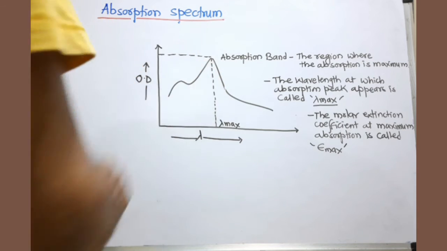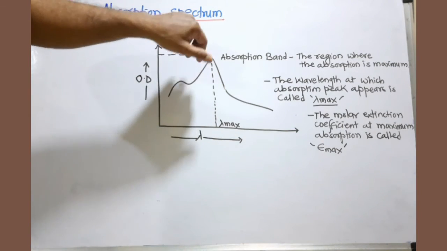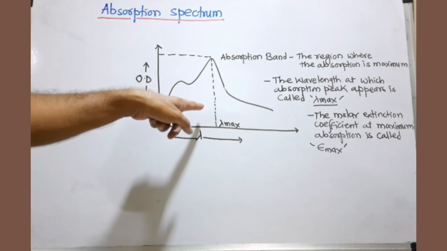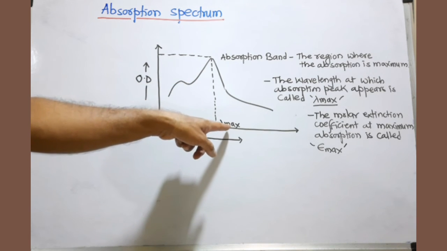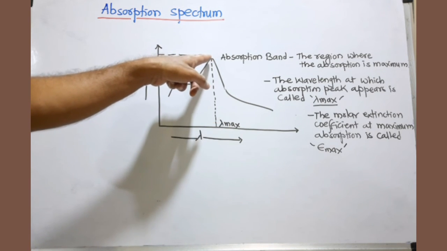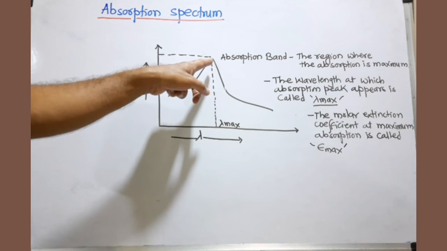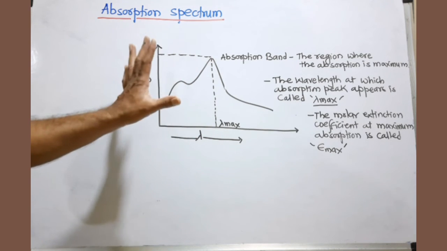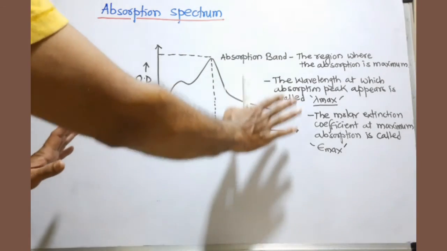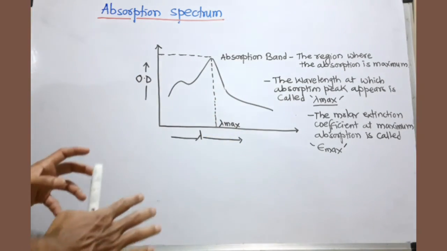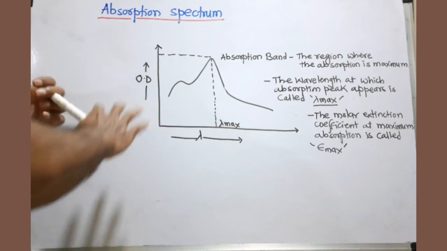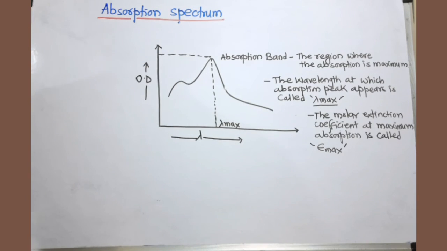The wavelength at which this absorption band appears is called lambda max, and the molar extinction coefficient at the lambda max is called epsilon max. You remember all these terms. This is how the maximum absorption by the compound is obtained using the absorption spectrum.